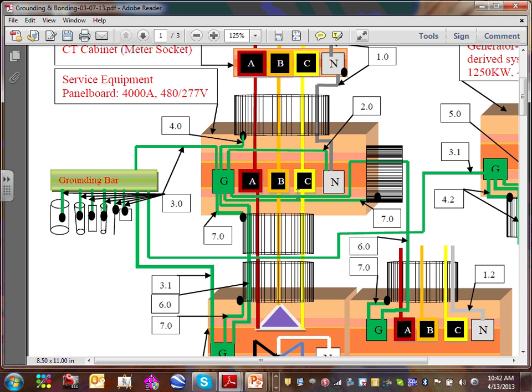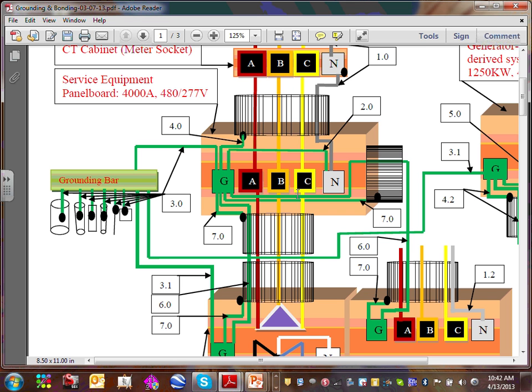That's all. So if the generator was a delta, or the separately derived transformer was delta-delta, or the service coming to the building was delta-delta, wherever there's a delta-delta, you basically remove the main bonding jumper if it's a service, or the system bonding jumper if it's a separately derived system.